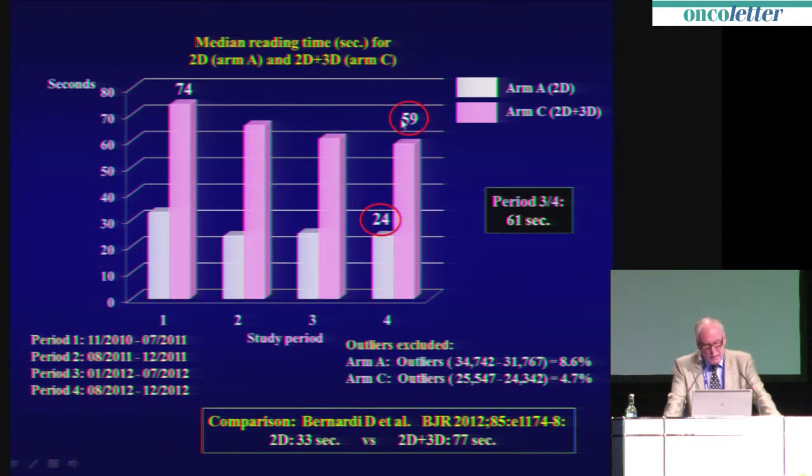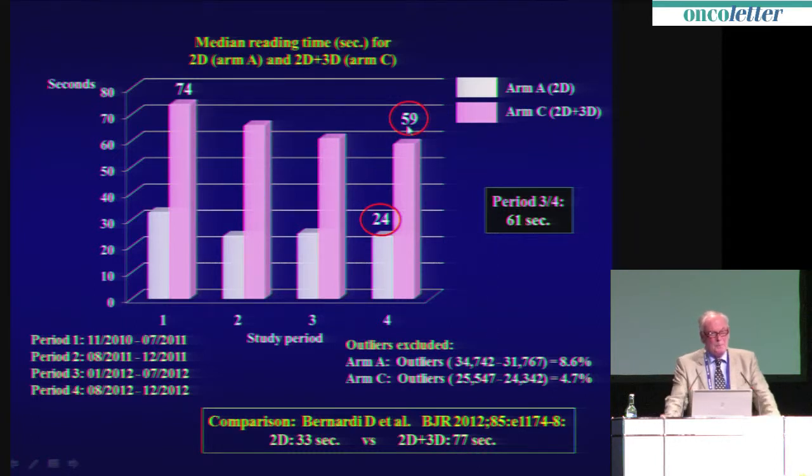So you have to compare these 60 seconds with the 25 seconds, which is the average median reading time in Oslo. I think 60 seconds is a little fast, but that is what it turned out to be. There has been one publication from the Italian group in Trento Verona, Daniele Bernardi, and they reported an interpretation time of 77 seconds.